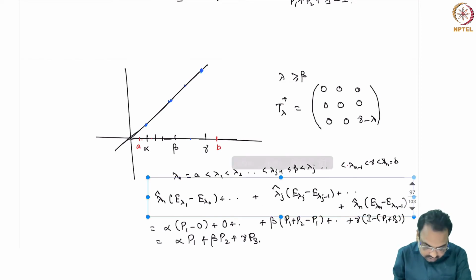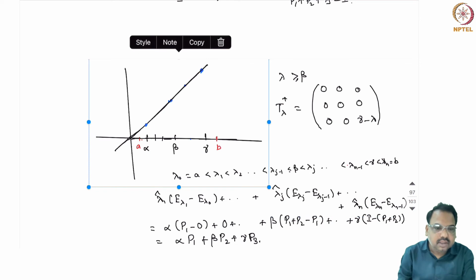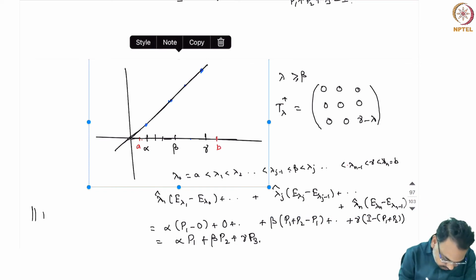So in this way we can look at the norm of T minus the summation j equal to 1 to n of lambda j hat times e lambda j minus e lambda j minus 1, which goes to 0 as n tends to infinity.